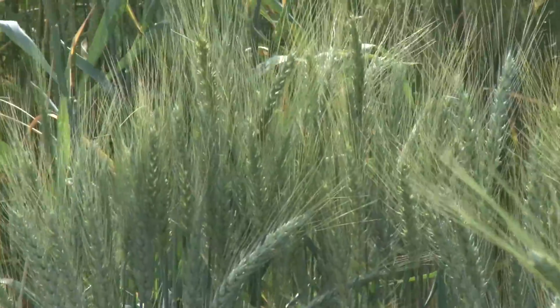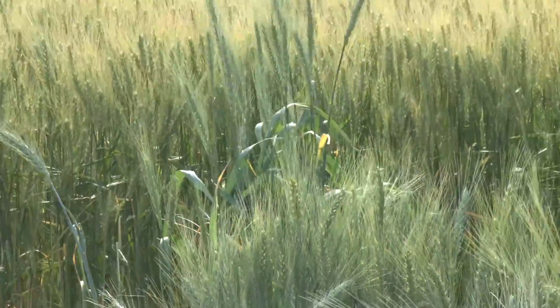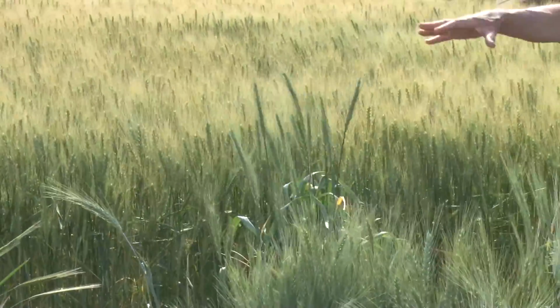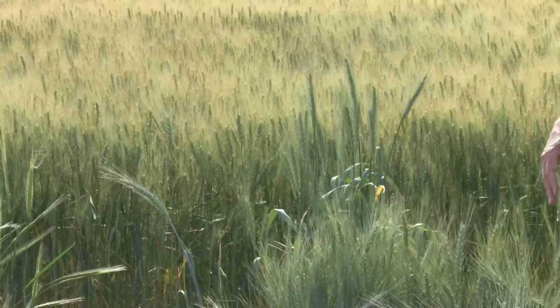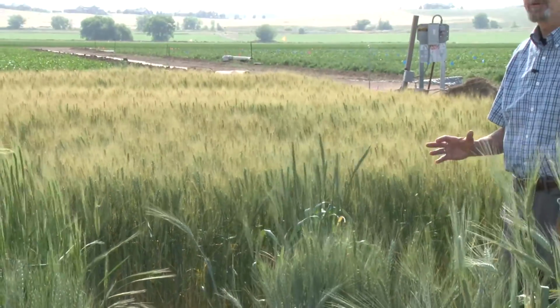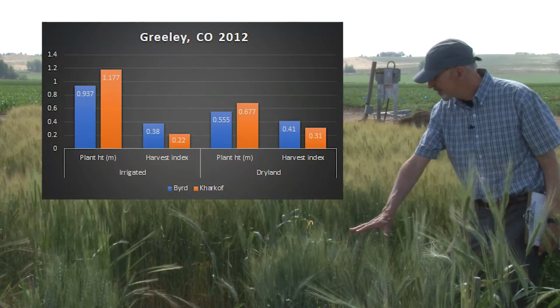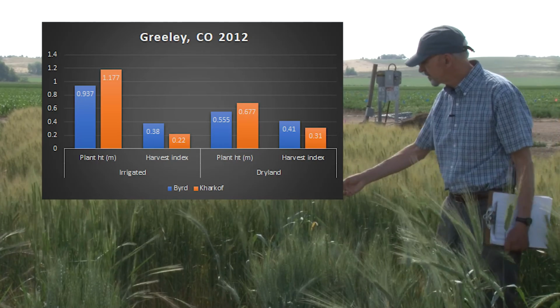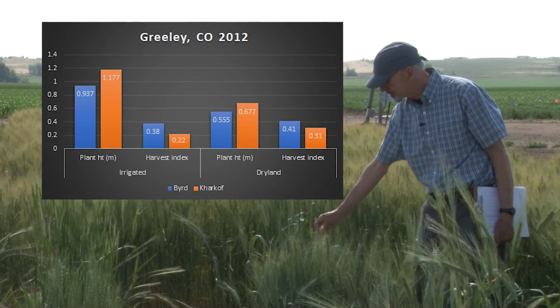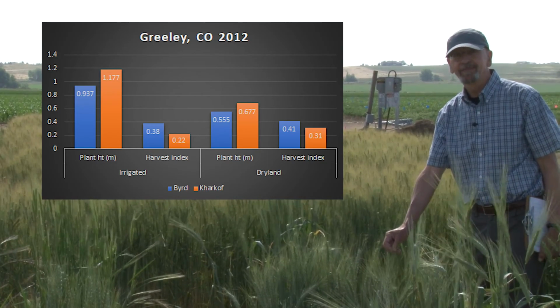So the obvious difference is height. The old varieties were quite a bit taller until the Green Revolution wheats. And this is what happened in the 1970s, introduction of genes that reduced the height of the plant so that the photosynthetic material that would have gone into producing stems and leaves is now going into grain.